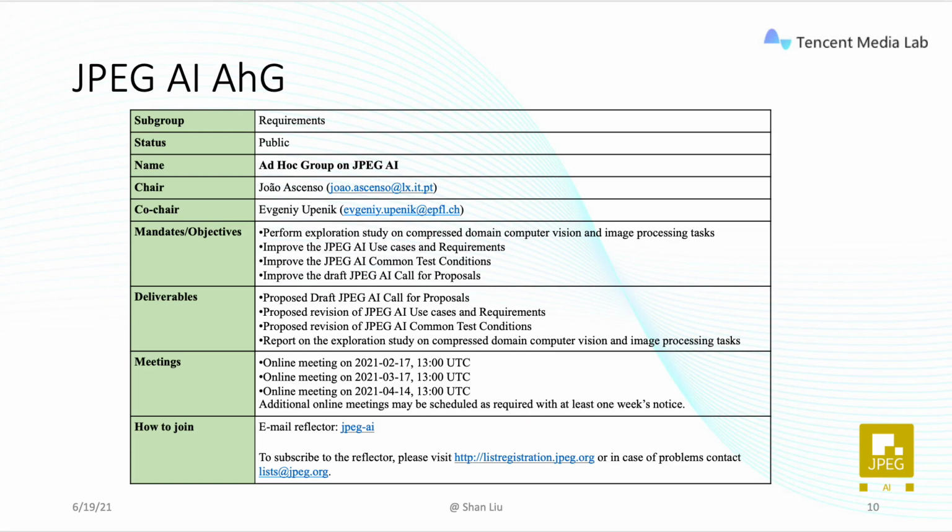And this slide provides some information about JPEG AI, its mandates, contact information, etc. for your reference. If you're interested in their activities, you may subscribe to their email reflector and join the discussion.